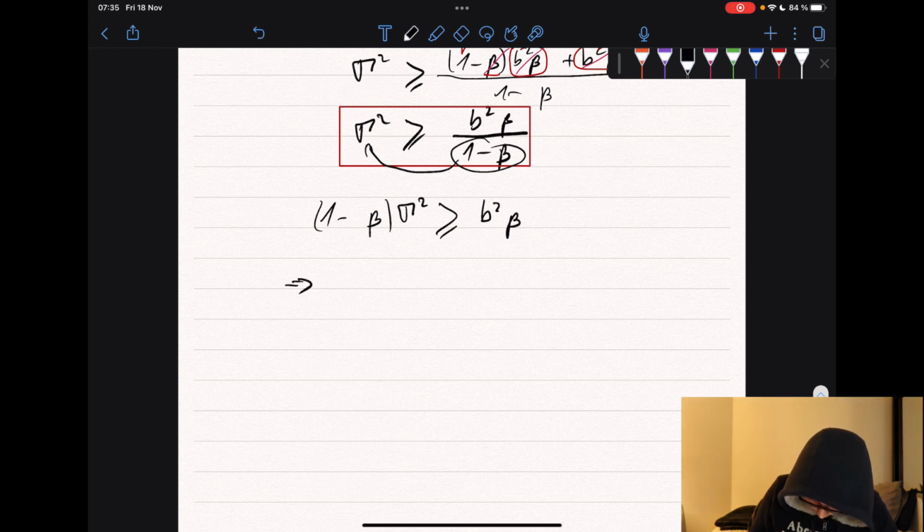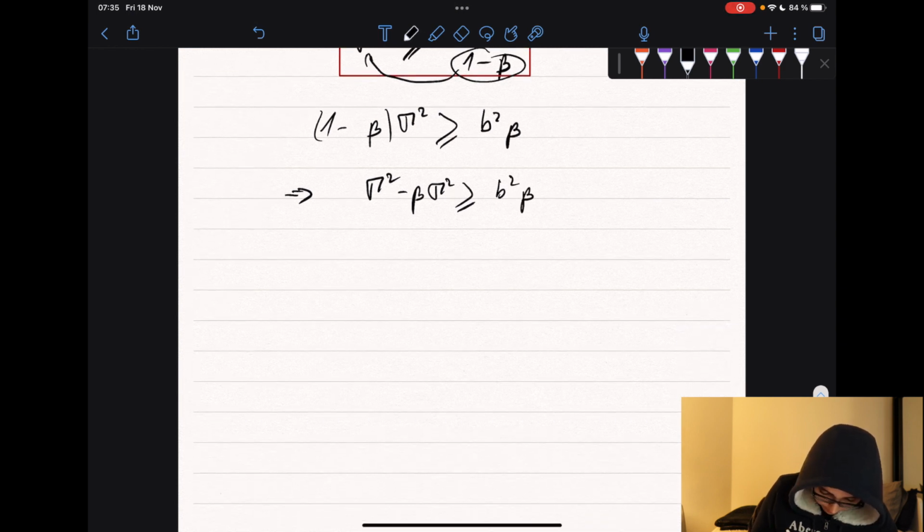Therefore, we're going to try and isolate the beta. This is equivalent to sigma squared minus beta sigma squared being less than b squared beta.